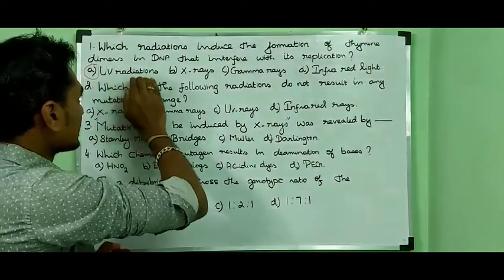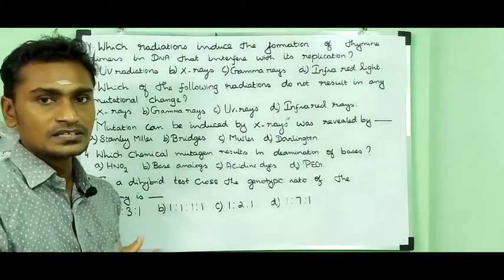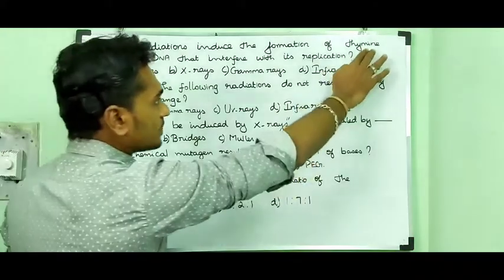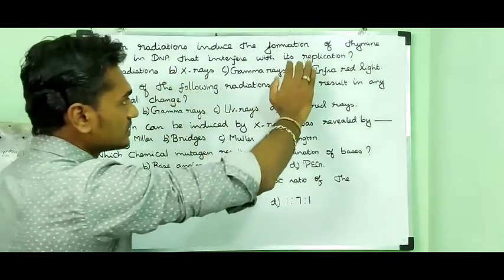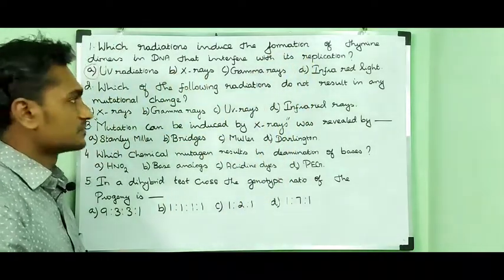UV radiation can cause photolesions, that is, thymine dimers, so it can interfere with DNA replication.